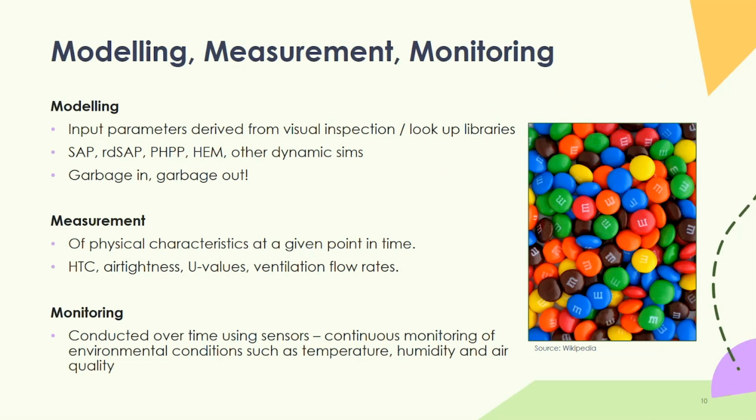And these are very helpful tools to allow us to assess a building and project what impact measures might have. But in isolation, a building model is extremely vulnerable to this idea of garbage in, garbage out, basically. So if you're feeding your models with unknowns around the thermal performance of the building, we're speculating as to what insulation might be in the walls and therefore what the baseline U values of a wall structure might be.